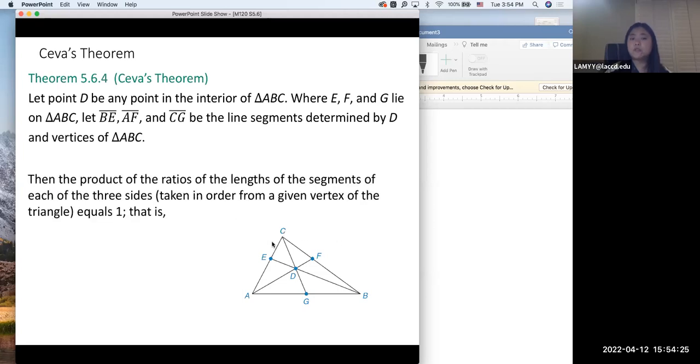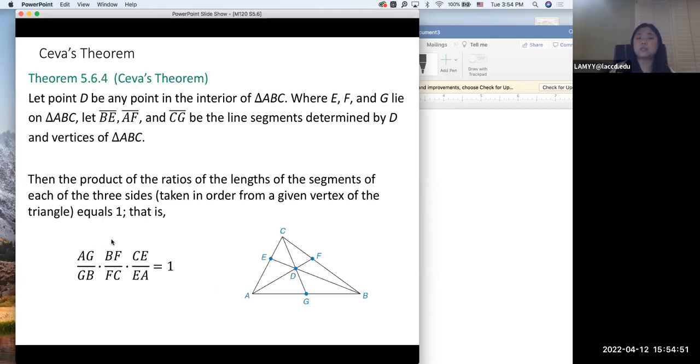Then the product of the ratios of the lengths of the segments on each of these three sides. So we could write it down. AG over GB multiplied by BF over FC times CE over EA will be equal to 1. Okay, highlight this one. This is a really special triangle. So when you multiply the ratios, that will be equal to 1.